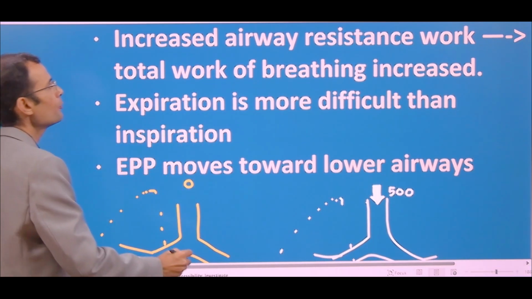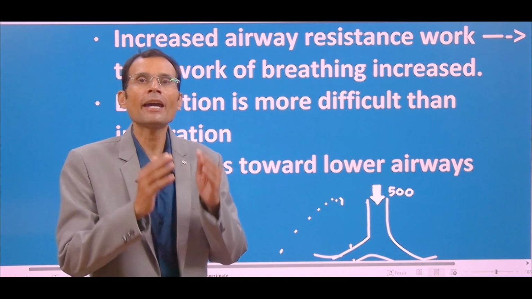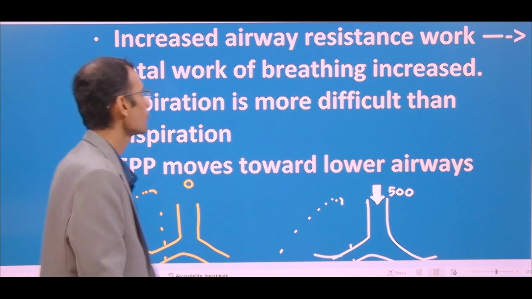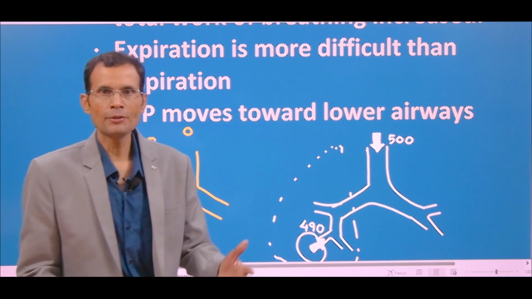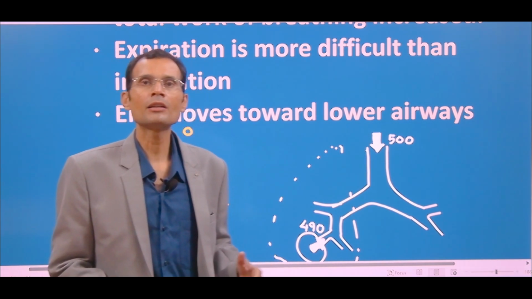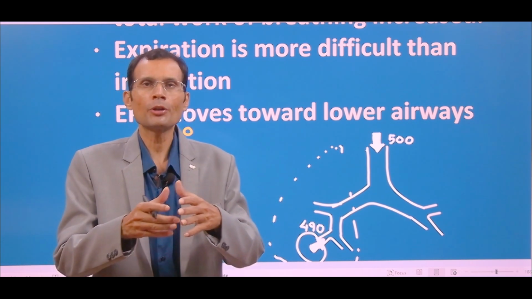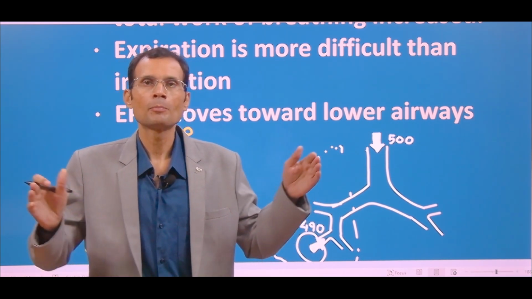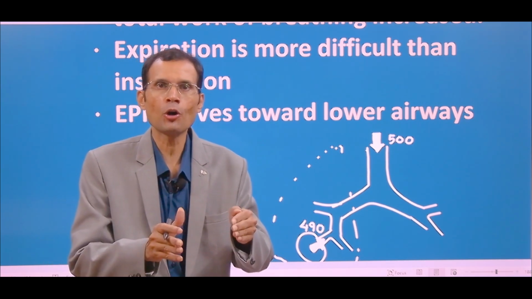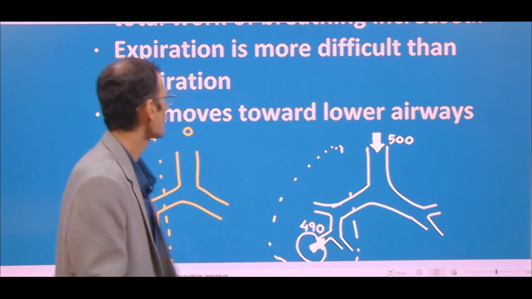So total work of breathing is also increased, and it's because of the increase in the airway resistance work. Expiration is more difficult than inspiration. Well, we said that just now, the reasons. Inspiration, there is negative intrathoracic pressure, so it can open up the airways to some extent. But with expiration, positive pressure plus the recoil of the lungs, it will compress the airways which are already narrowed.